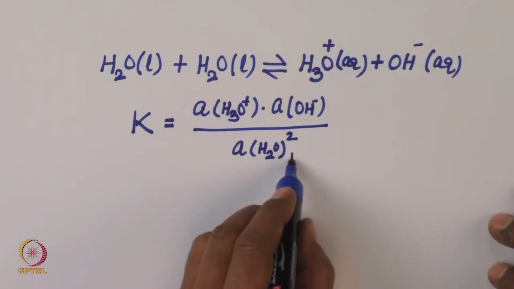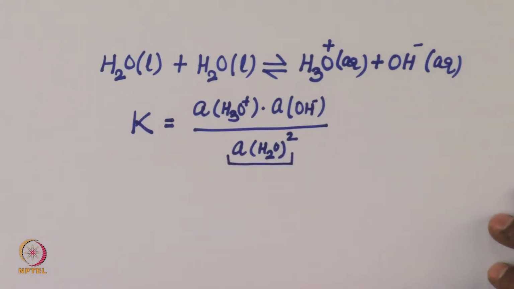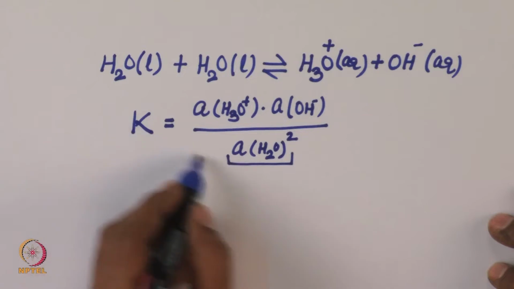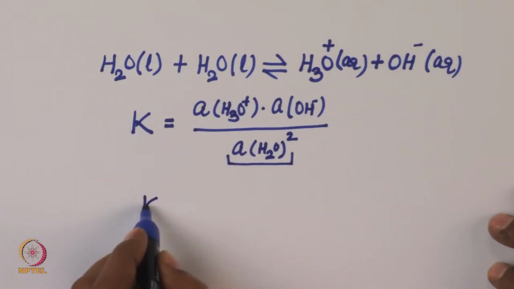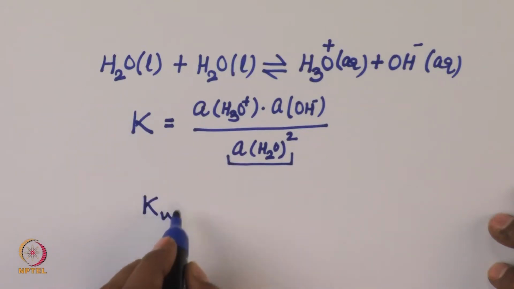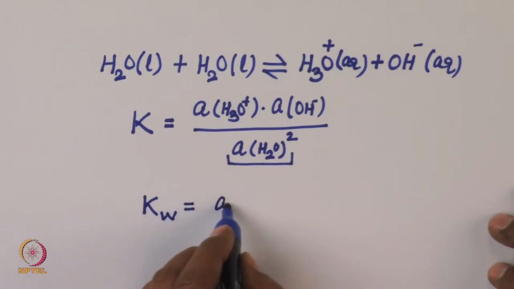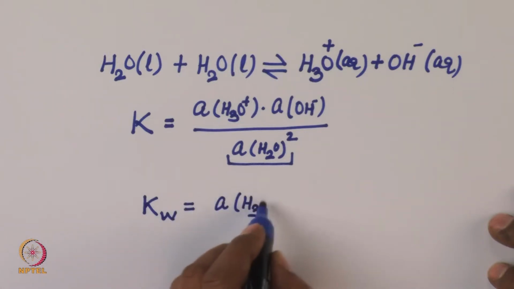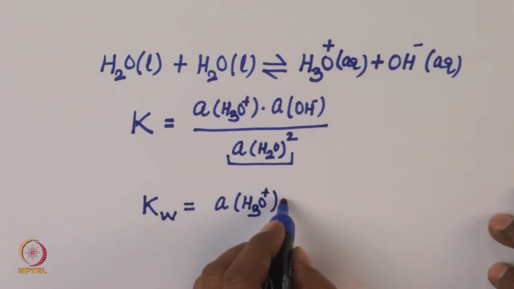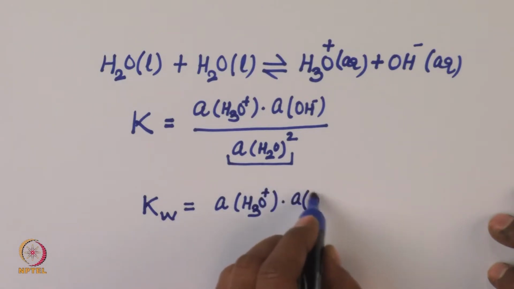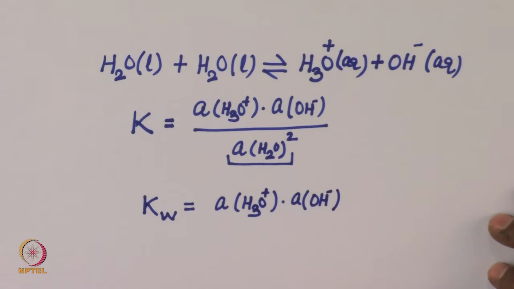Now, if I take activity of water to be 1 and consume it along with K, I will write another constant which is called Kw, and this is activity of H3O plus into activity of OH minus.